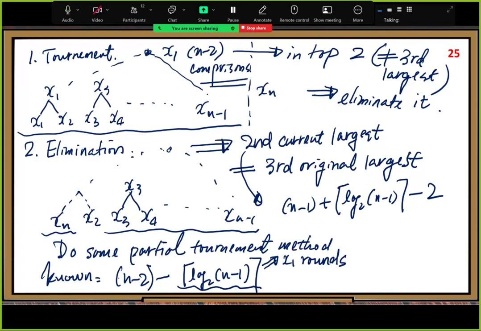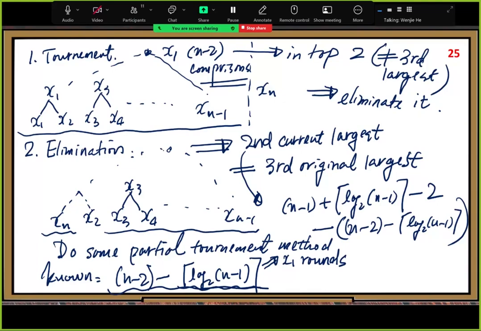Those known comparisons should be subtracted from n minus 2. So I almost have the formula.